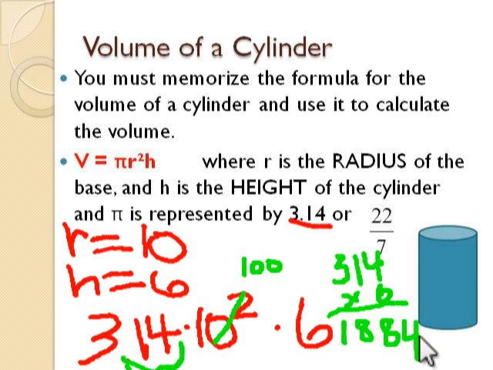And I forgot to put a label here, but let's just say that everything here is meters. This is all going to be in meters. Okay, and if that's in meters, that means the label here, because we're still finding volume, is cubic meters. So 1,884 cubic meters. I just multiplied the 3.14 for pi by the radius squared times the height.